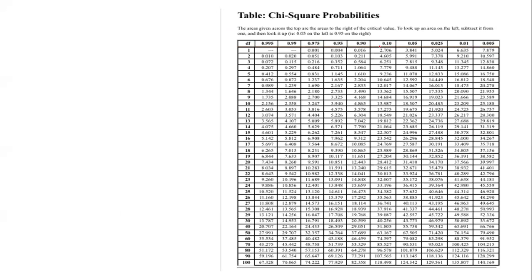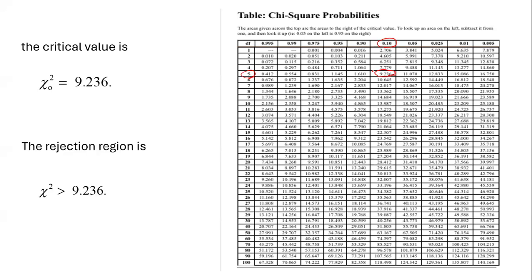If alpha is 10% and the degrees of freedom is 5, we get this number. That's my critical value. And since the chi-square distribution is always a right tail test, a right-skewed distribution, the rejection region means any number that is greater than 9.236.